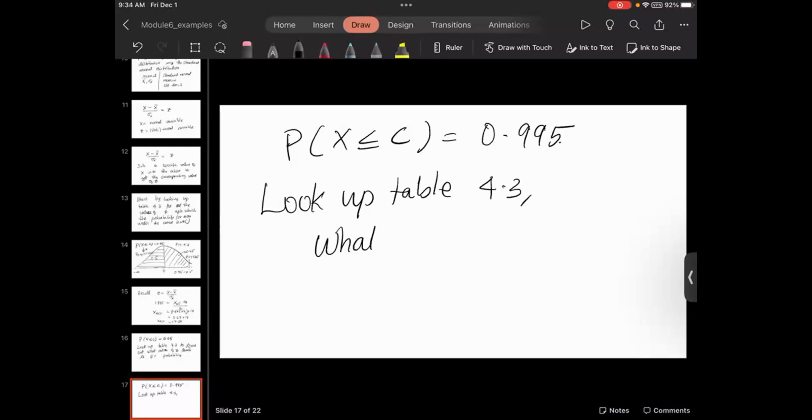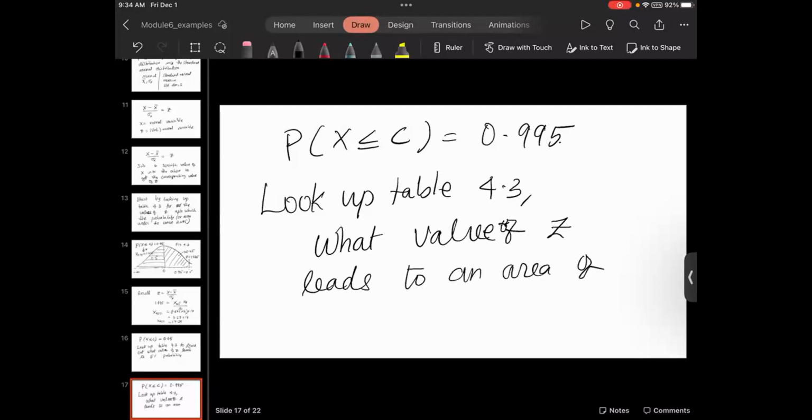what value of Z leads to an area of 0.995 minus 0.5. Whenever the probability is more than 50%, make sure that you put it on the diagram and see that usually you will have to subtract the left half, which is 0.5.